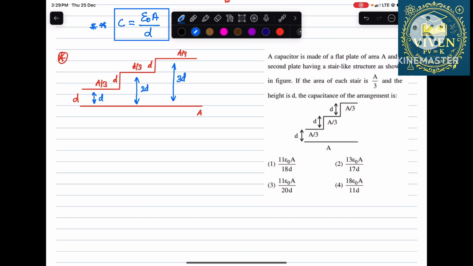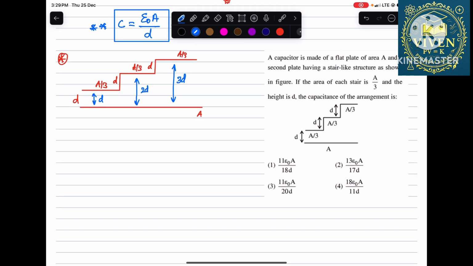So adding up the entire capacitance, I would like to get individual capacitances. So C1 is equal to epsilon naught A, and A means how much? A by 3, by D. Distance is D. So this can be written as epsilon naught A by 3D.